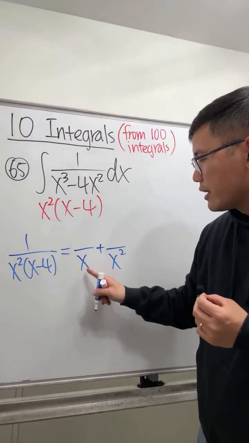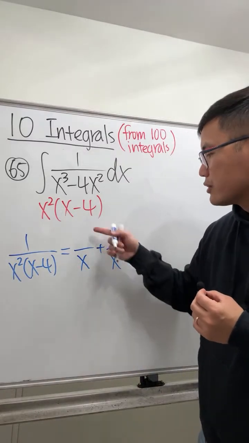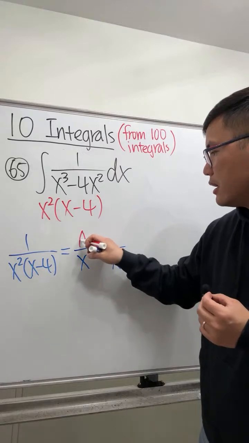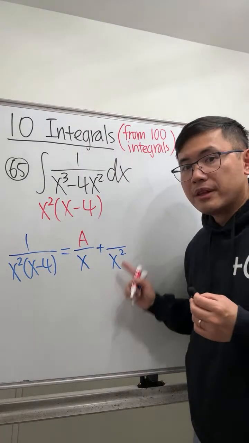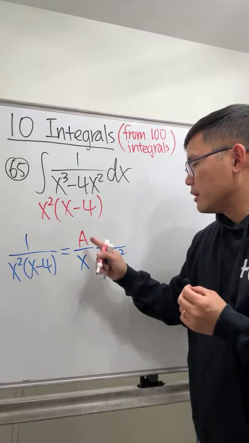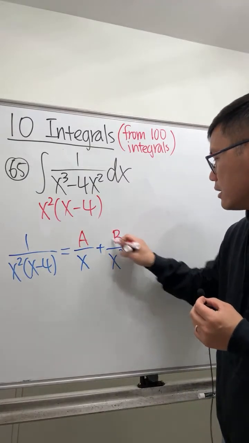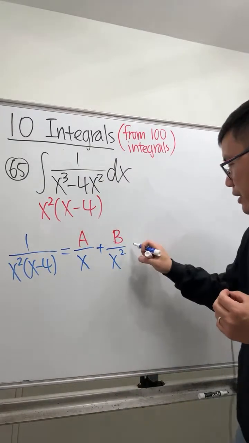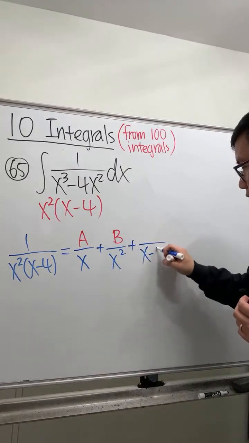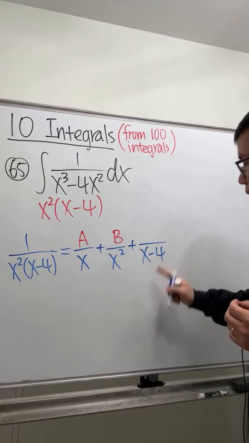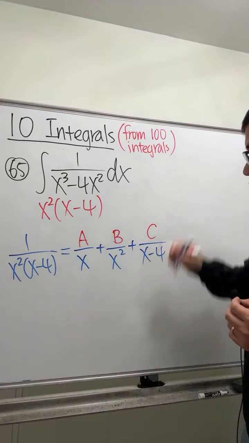Then you see that this right here is a linear term, so the top is just going to be a constant. And then when you build up the power, the top stays the same kind. Constant, constant. And then the last one right here is x minus 4, which is linear, so that means the top should be a constant as well.